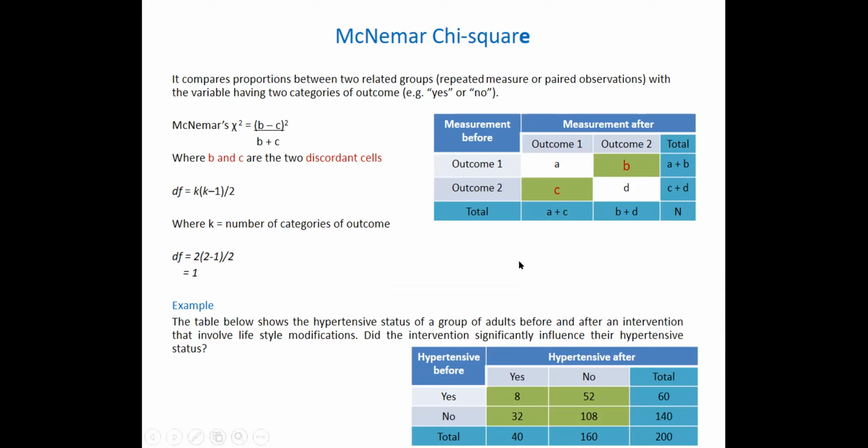So you want to see this reduction. Is it significant? Maybe my intervention, what I did, was really helpful. I've slowed down the number of people that were hypertensive. You have 20 people that are no more hypertensive. You want to see, is it significant?